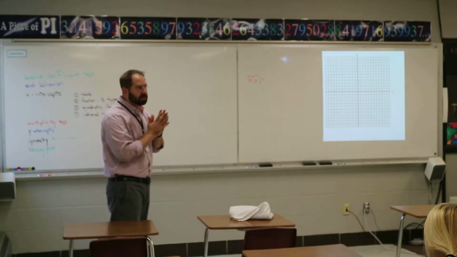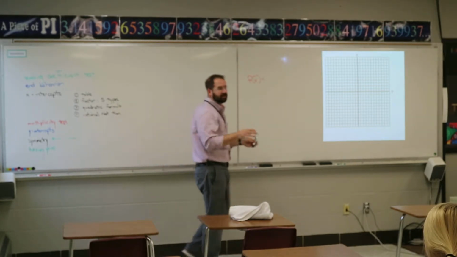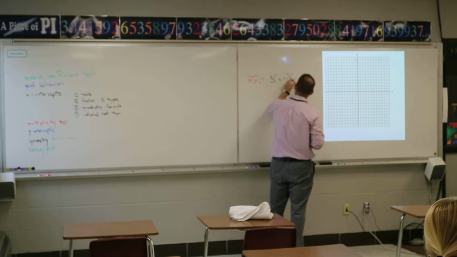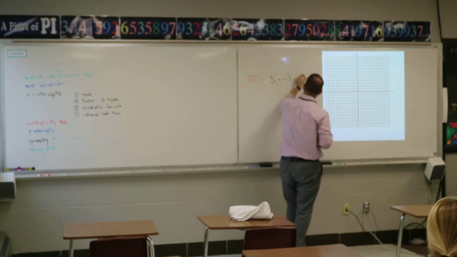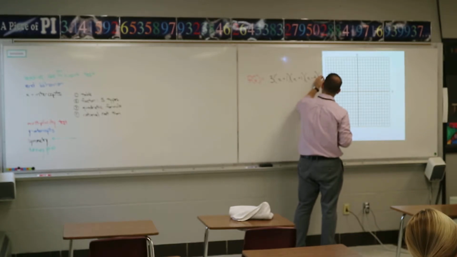Okay, this next one is going to have a radical change in it. I'm going to give you a completely different look to this problem. So, let's go 3 times (x plus 1)(x plus 1)(x minus 4)(x plus 5).